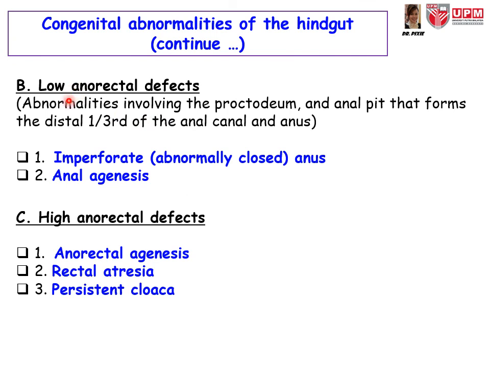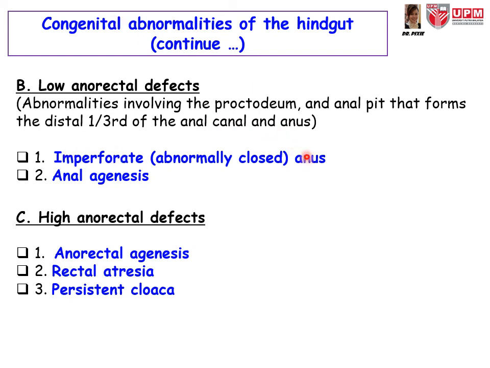The second category is the low anorectal defects. These are abnormalities involving the proctodeum and the anal pit that form the distal one-third of the anal canal. That means it's below the pectinate line and the anus. The first type is the imperforate anus.